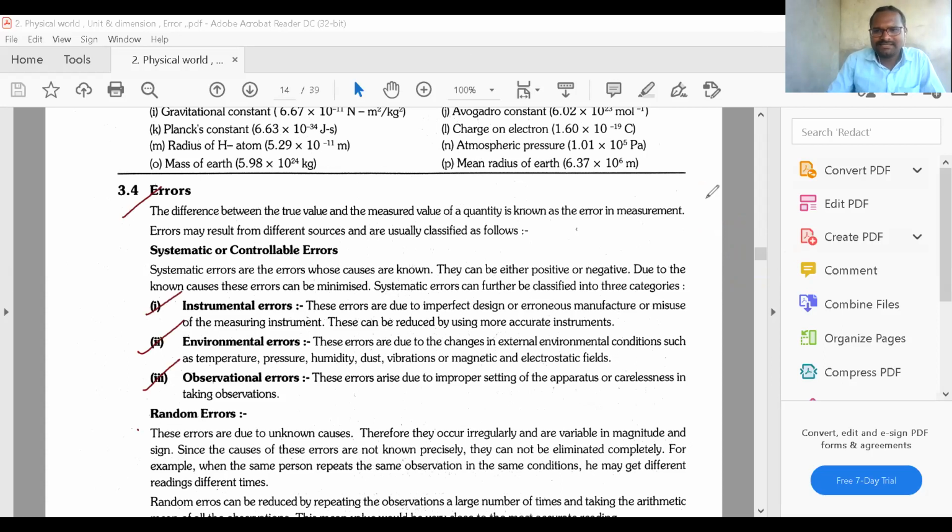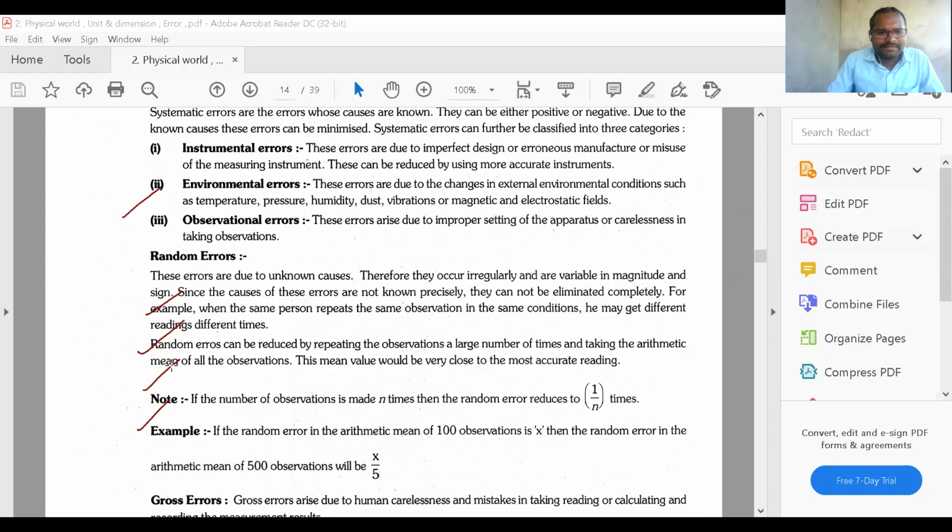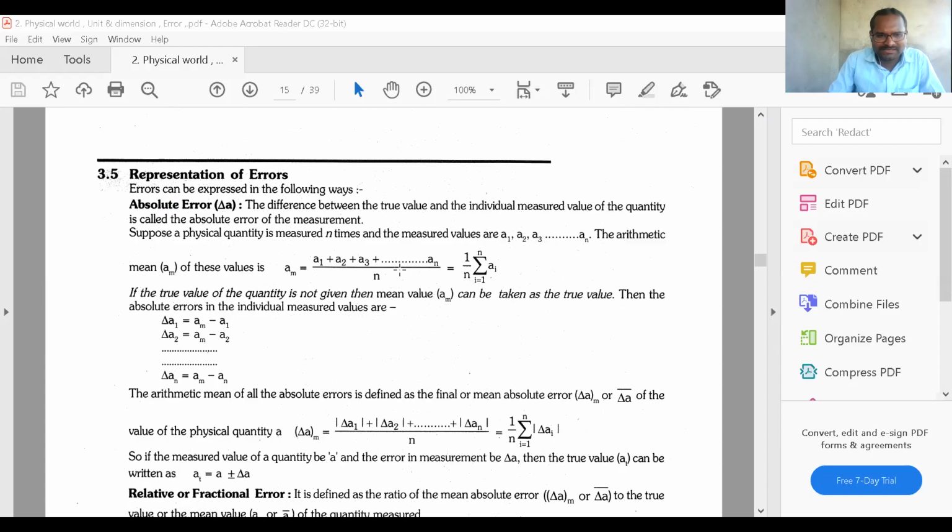Just read all these points, and how we can control these errors, you have to read. What are gross errors, how we can find? And these points: absolute error, relative error, percentage error, already we have some idea on that.